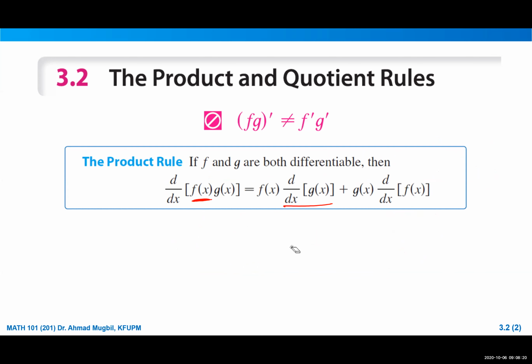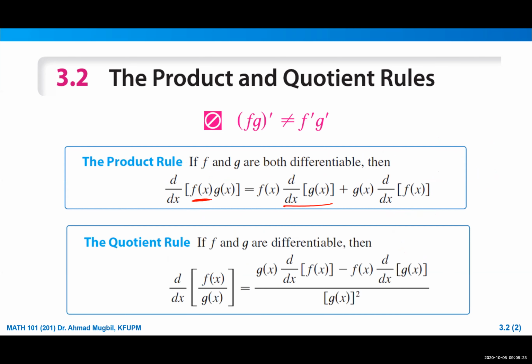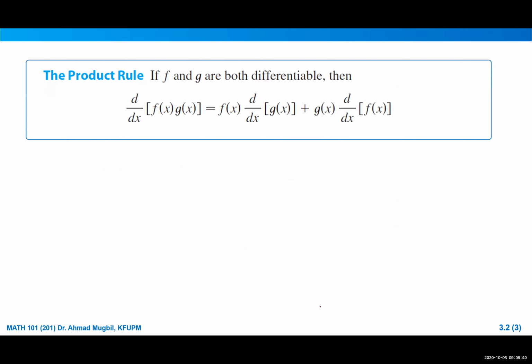For the quotient, the derivative is the denominator multiplied by the derivative of the numerator minus the numerator multiplied by the derivative of the denominator, over the square of the denominator. Why? We will see. It comes from the definition. This is what we are going to call the product rule. f and g should both be differentiable. In words, I'm going to mention it later.